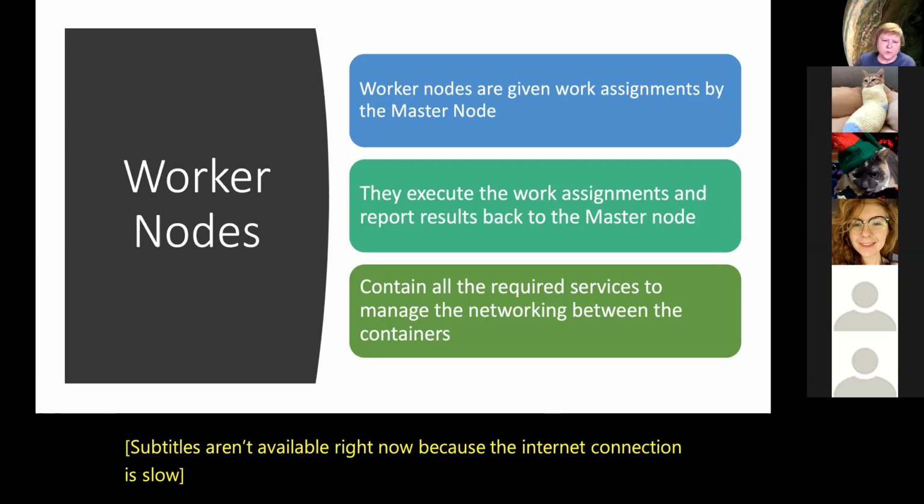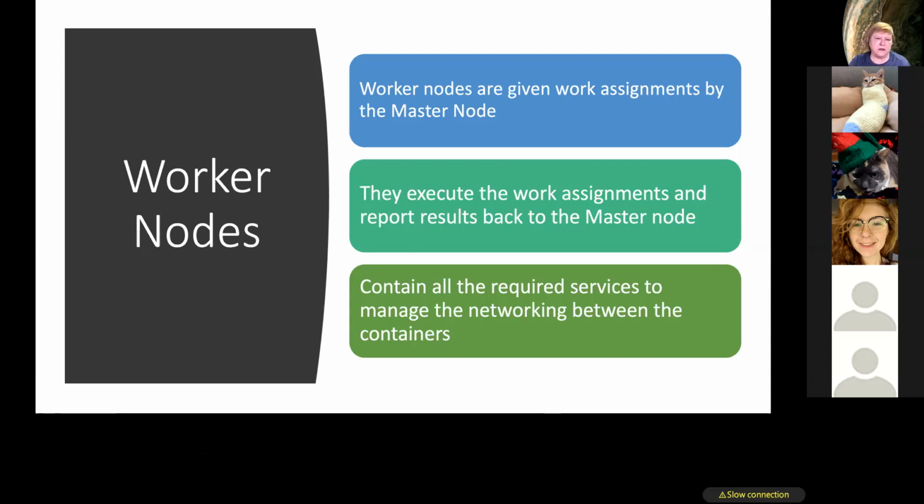They execute the work assignment and report back to the master node. There's this communication that goes back and forth between the master and the workers, so that the master knows what the health of the worker is and the worker knows what the master wants it to do.